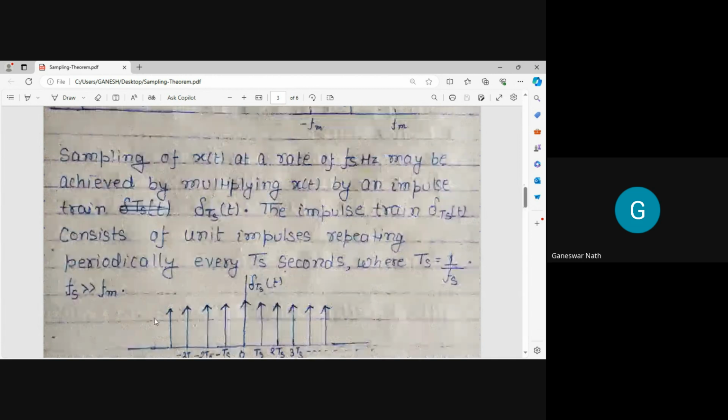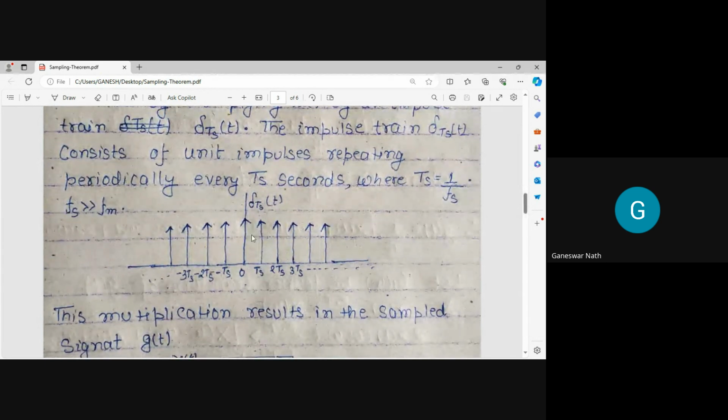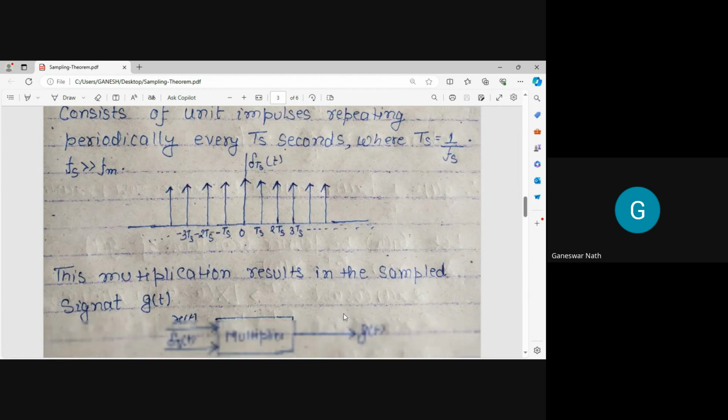So when fs is greater than fm, we can see this is 0 and the different times, and this is delta ts. This multiplication results in the sampled signal gt.